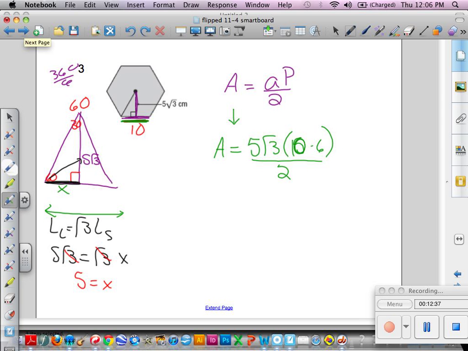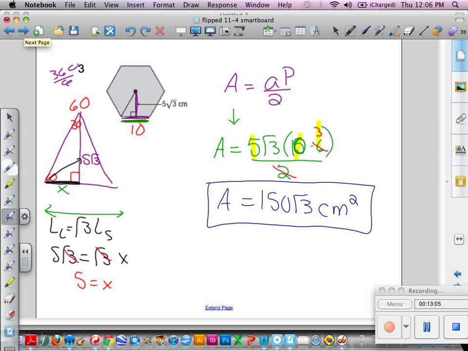And again, I don't need to use my calculator here. I'm going to cross that out and cross that out. That gets me 3. So now I've got 5 times 10 times 3. That gives me 150. So 150 root 3, and that's centimeters squared.